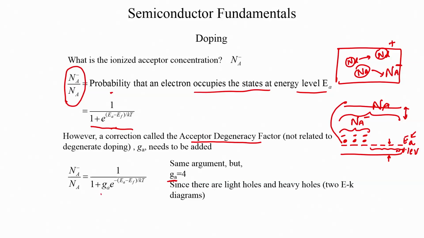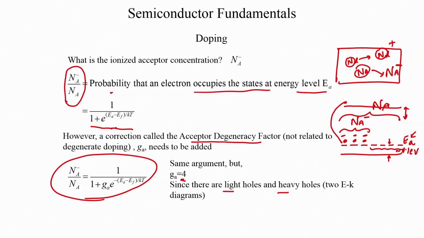Now, logically one might say that Ga has to be 2, but since there are 2 EK diagrams for holes, these holes have got 2 different effective masses, called light holes and heavy holes. We use a factor of 2 times 2, which is Ga equal to 4, and we have this to be the ratio of Na minus to Na.